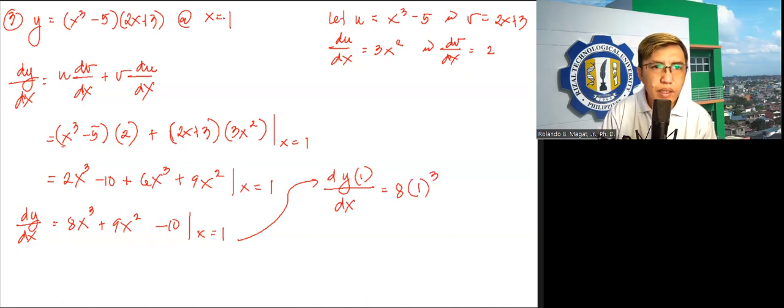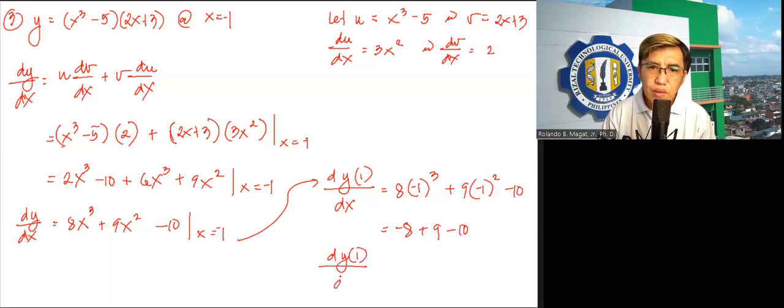Negative 1. So negative 1 plus 9 times negative 1 to the second power minus 10. And we know that this is negative 8 plus 9 minus 10. So that dy at 1 over dx is equal to negative 9. Okay. This is the answer. Okay.